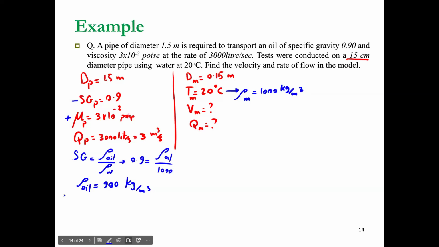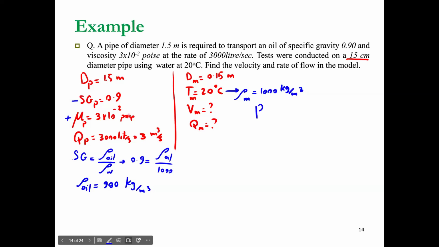No. Is surface tension very important? No. Weber? No. Pressure isn't even mentioned, you have no idea about the pressure. So Euler no, just Froude and Reynolds. Which one? Reynolds, it's a pipe, and you have viscosity.